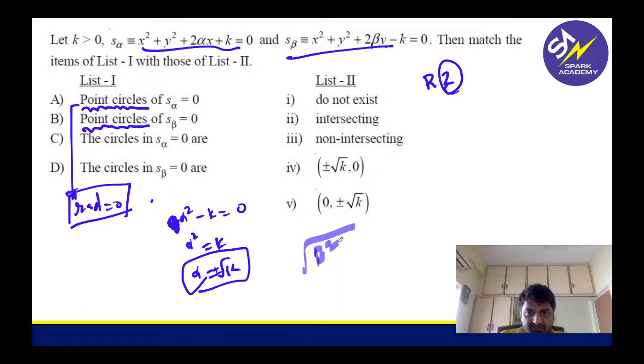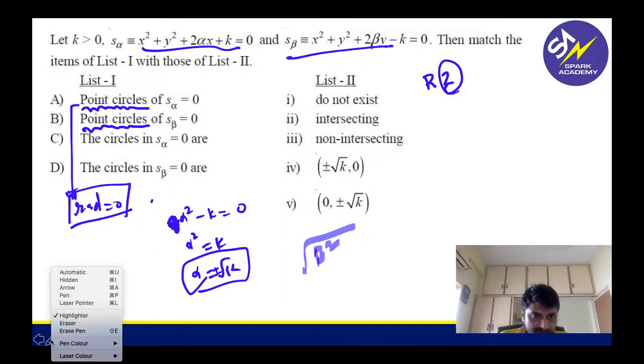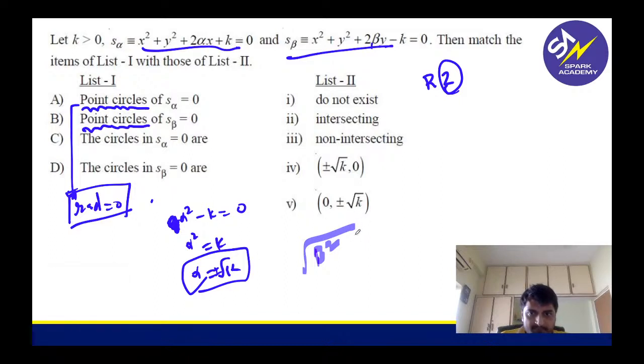So this will be beta square plus k equal to 0, or beta square is minus k. So you will get an imaginary number. So for this, it does not exist.